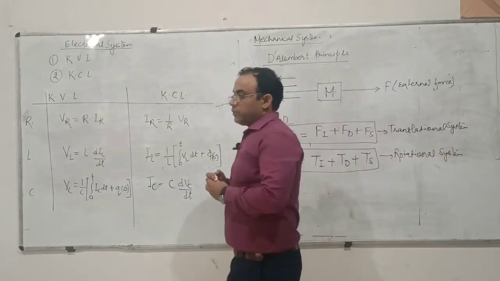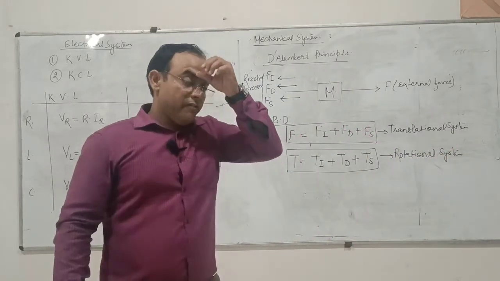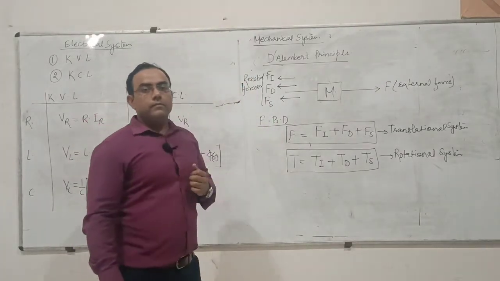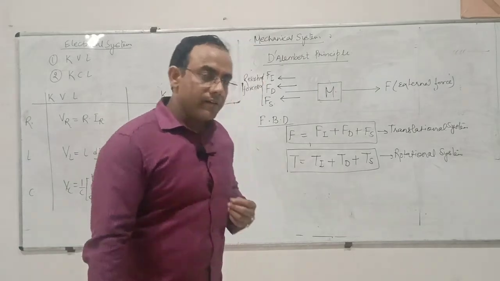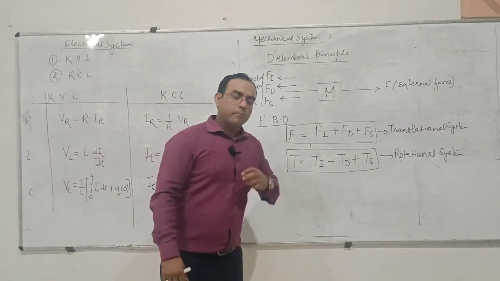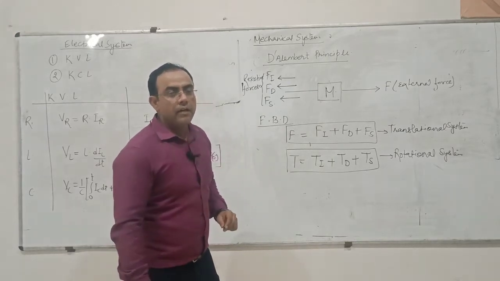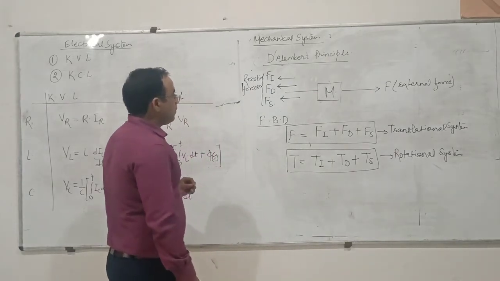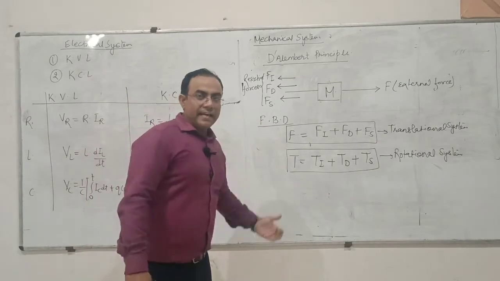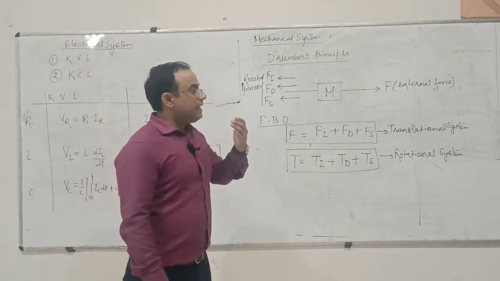Alright. So till now we have discussed the three elements of electrical system, and the three elements of mechanical system, for both the cases, translational system and rotational system. Now we can develop the analogy between the mechanical system and the electrical system.